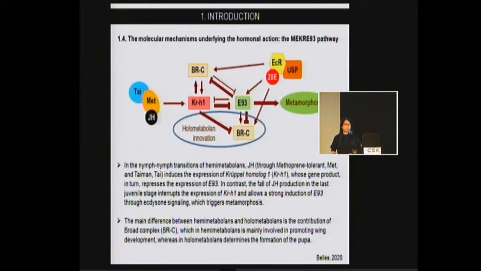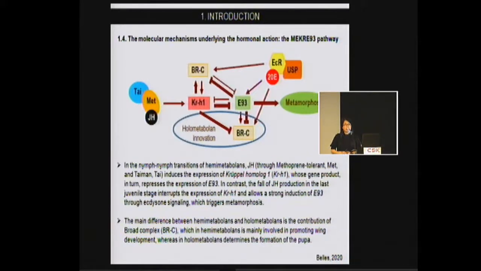However, during the last nymphal instar, for example in the case of Blattella, the decrease of juvenile hormone titer interrupts the expression of Krüppel homolog 1. So in this case, there is a strong induction of E93, so they can trigger metamorphosis.